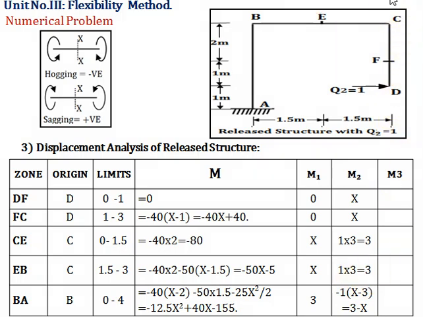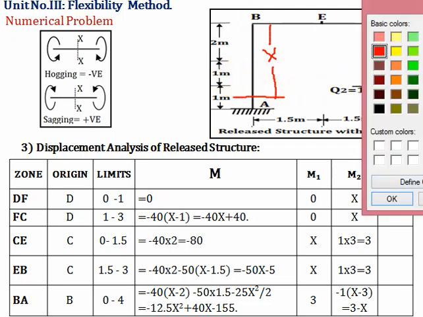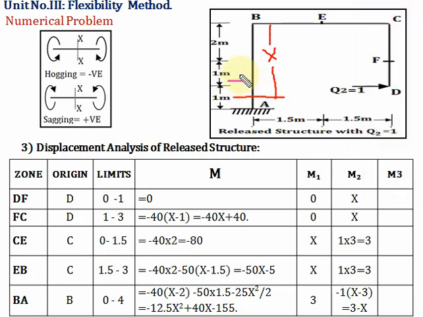Now this is important. Here we have written minus 1. If we take the section here in this portion and measure x from point B, now instead of this force acting here, if you add this force over here on the same line, due to this force it will act like this.